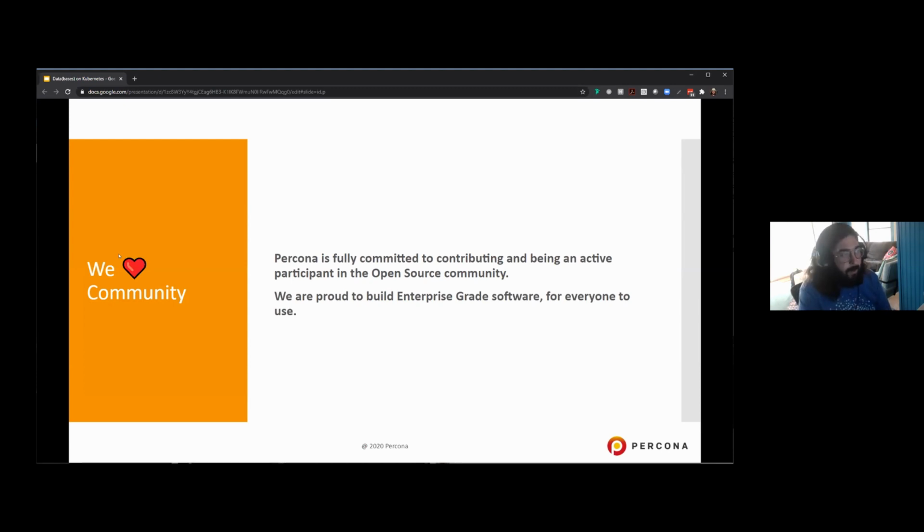Not just with podcasts or community events like this, but also putting our money where our mouth is and actually putting code out there for the open source community. And so, like I said, we build enterprise grade software for everyone to use, not just the select few or the people that pay us. Of course, the people that pay us also pay for that software to be made. So shout out to those customers.